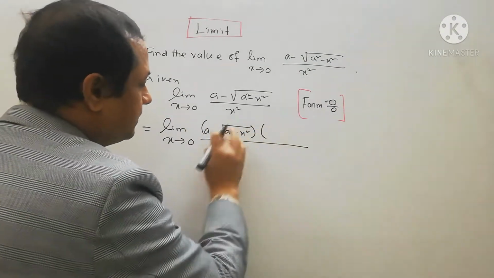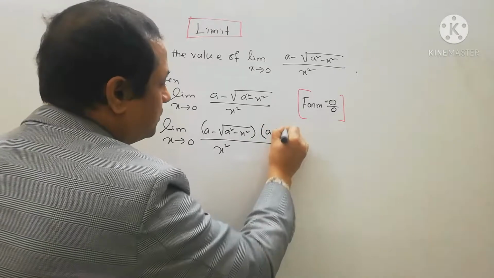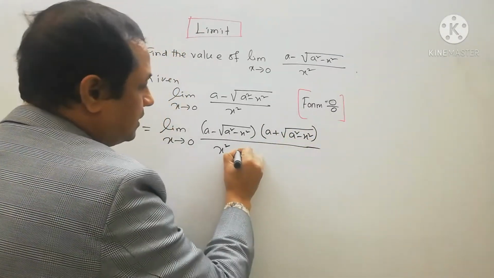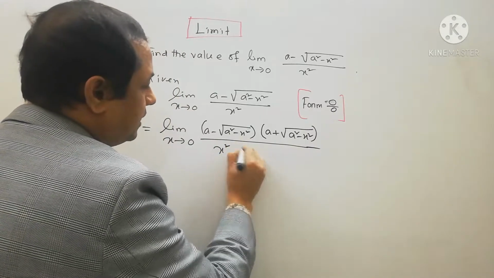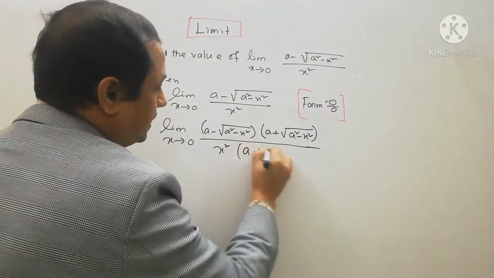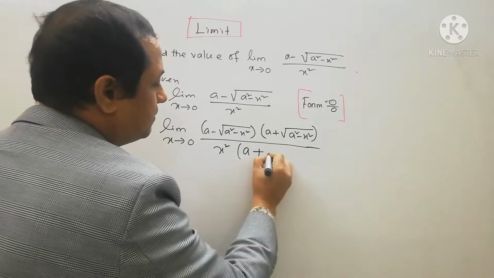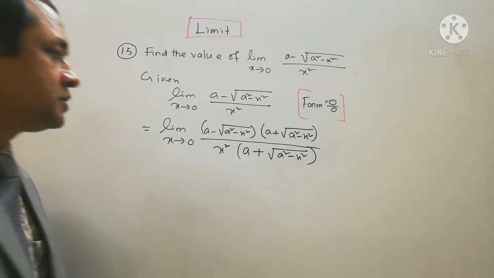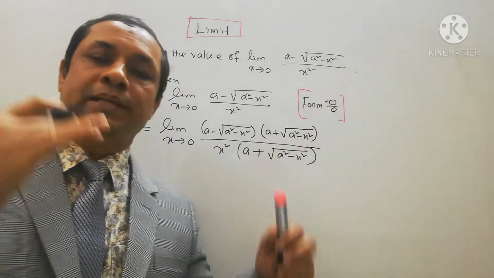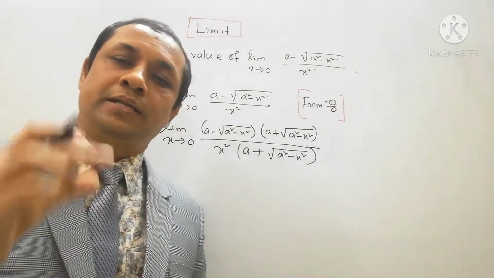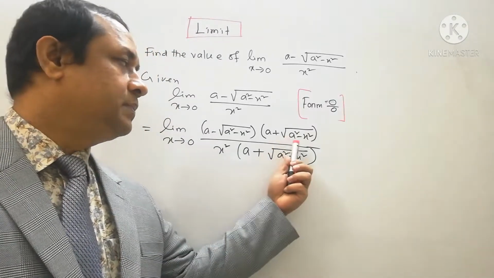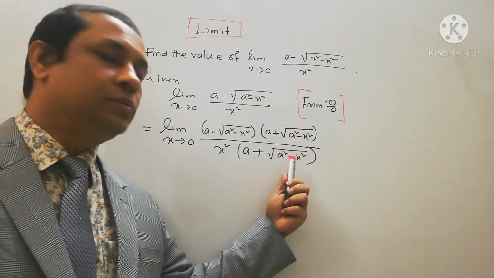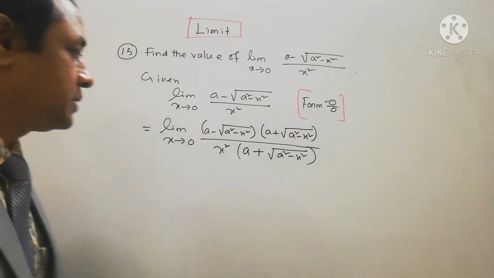Here opposite sign means a plus root over a square minus x square, and x square into a plus root over a square minus x square. So attention please, student, multiplying numerator and denominator by a plus root over a square minus x square.